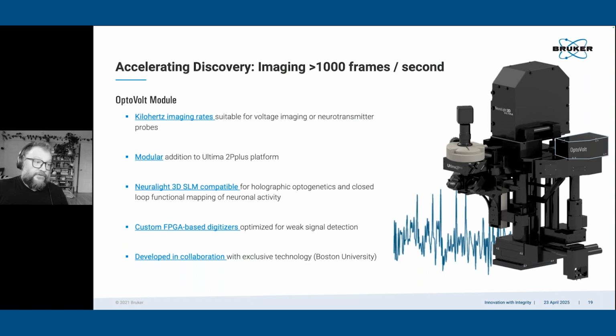So holography is compatible with it, and all of our optogenetics methods are compatible with it. And we've also developed brand new custom FPGA-based digitizers for this to help with collecting the low signal that results from small dwell times and fast imaging rates. We developed this in collaboration with a group at Boston University.